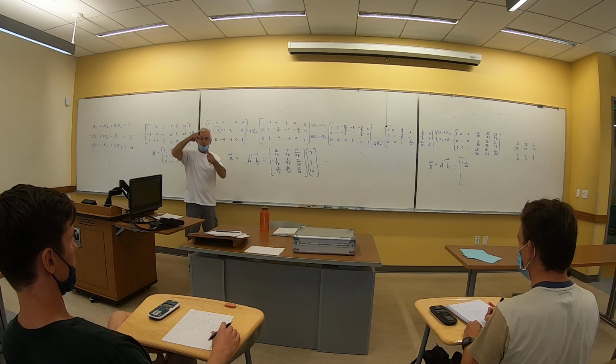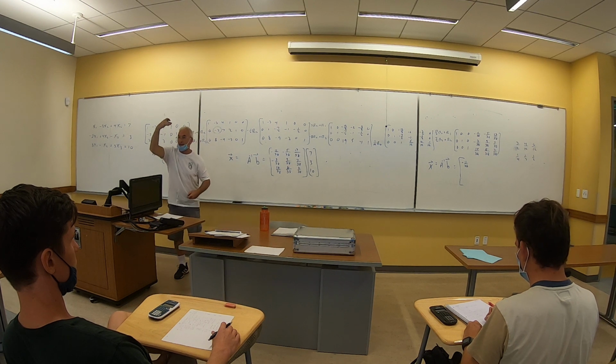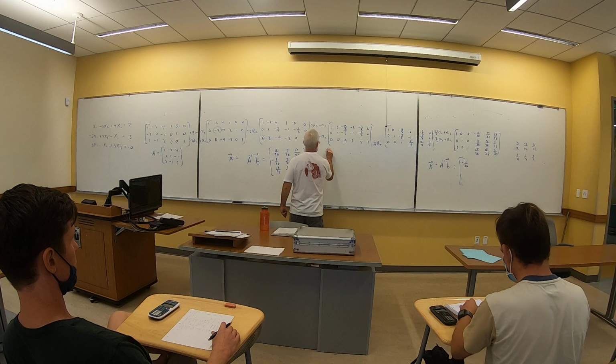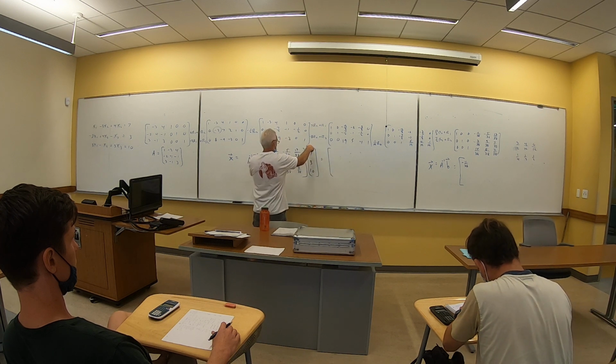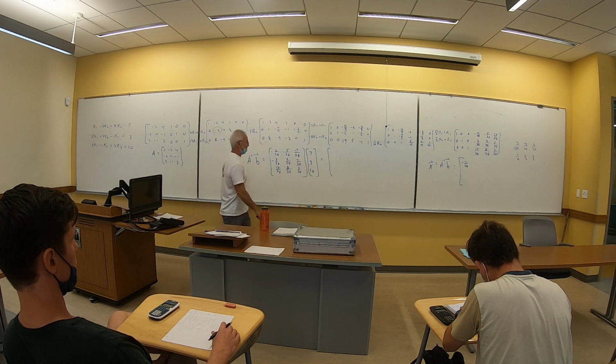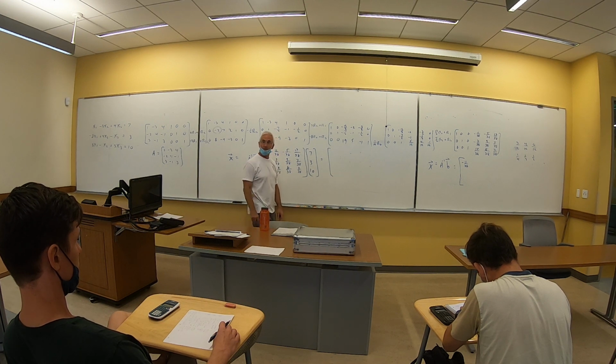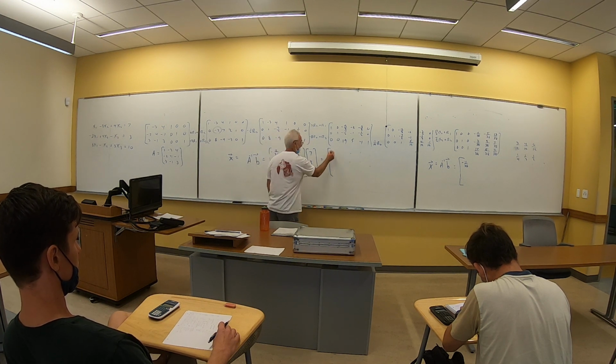So what I get should be a column vector that is x1, x2, x3. So let's do this product. Negative 77, negative 15, that's negative 92, plus 130, that's positive 38, over 38.